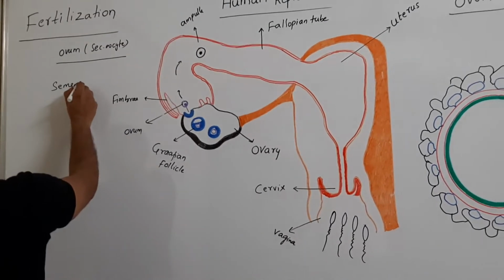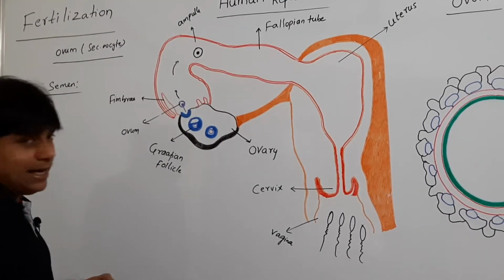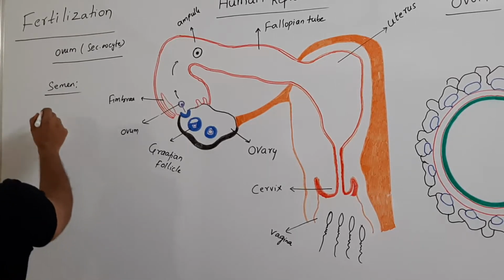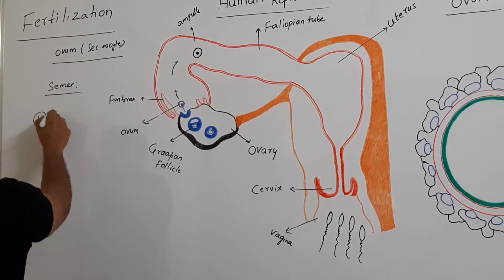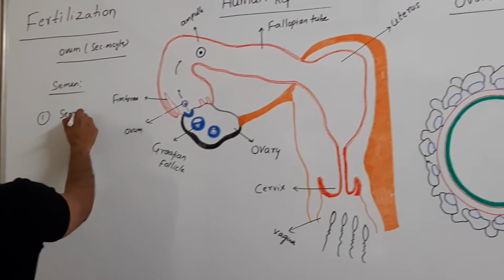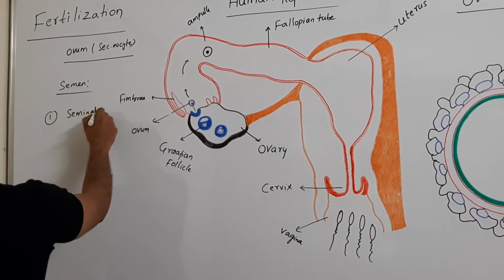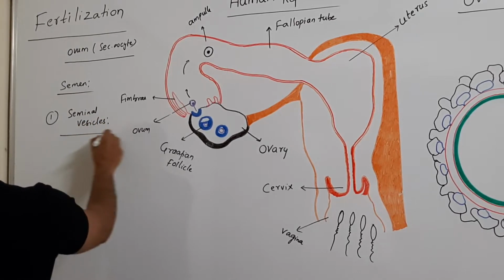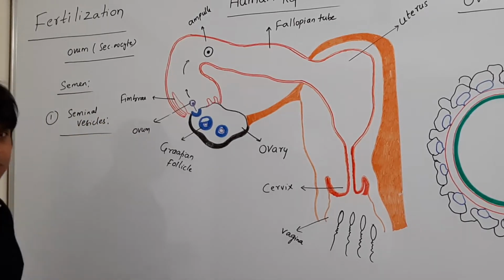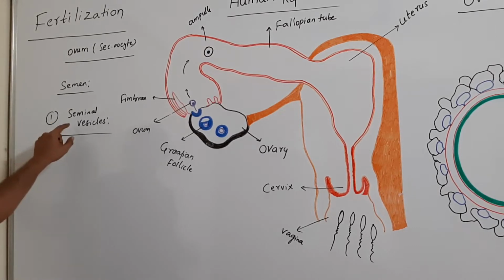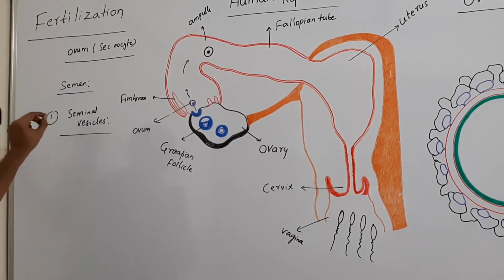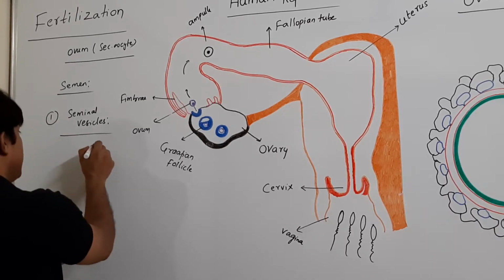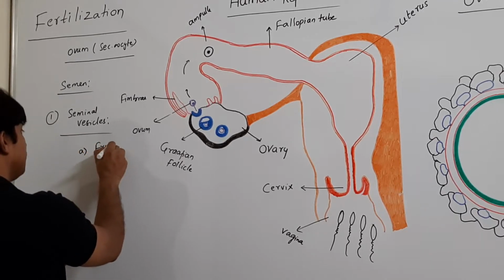Semen includes the secretions of glands as well as the sperms. Now what are the main important glands here? First, most of the contribution to the semen is by the seminal vesicles, right? 60 to 70% of semen consists of the secretions of the seminal vesicles, and these secretions include some important components like fructose.